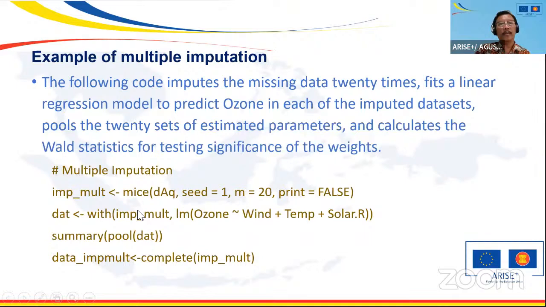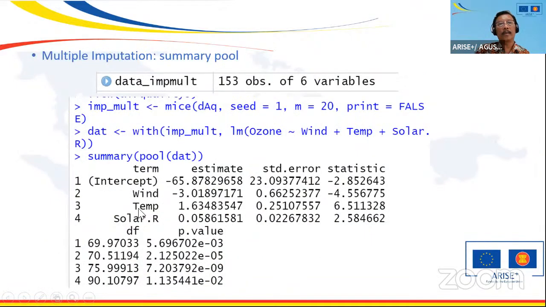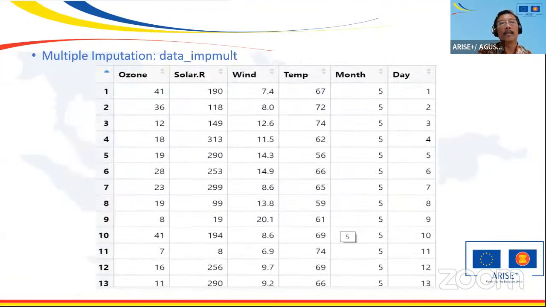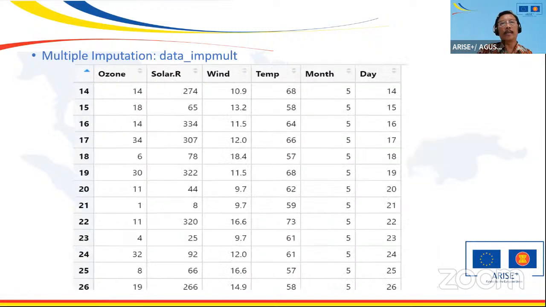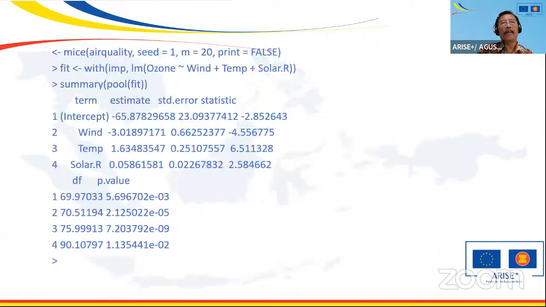So when we do this, we get this regression estimate that they are using. This is the pooled one, yeah. There are many regressions, and then they select one of them randomly, and then consider the extra standard error. This is the selected one, and this is the result if we are using this multiple imputation.